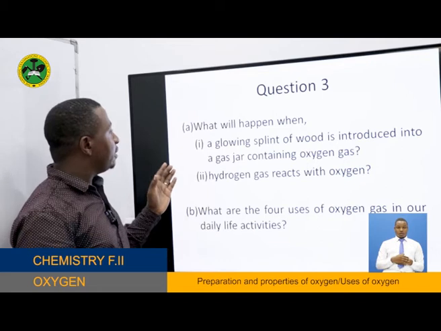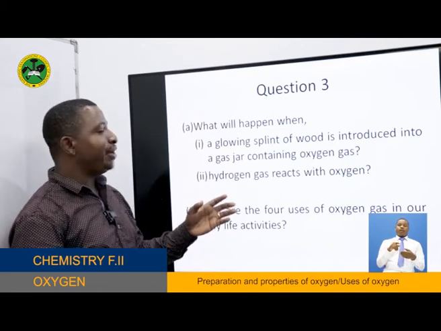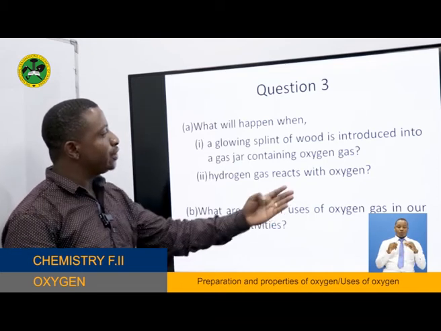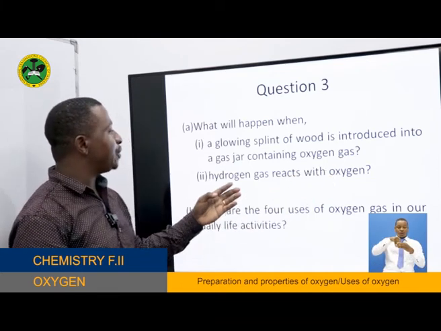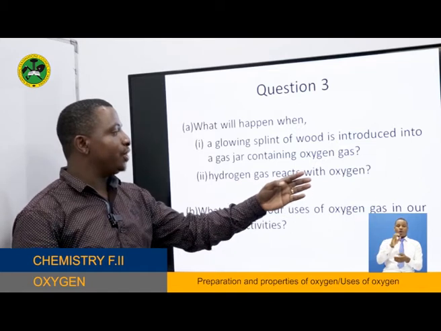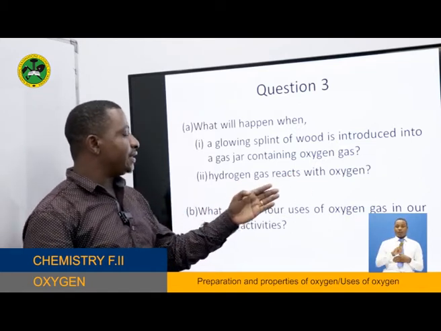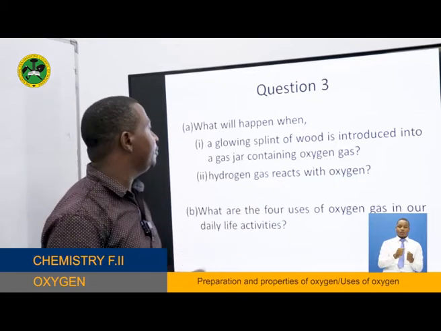Question number 3A. What will happen when a glowing splint of wood is introduced into a gas jar containing oxygen gas? Roman 2. Hydrogen gas reacts with the oxygen.